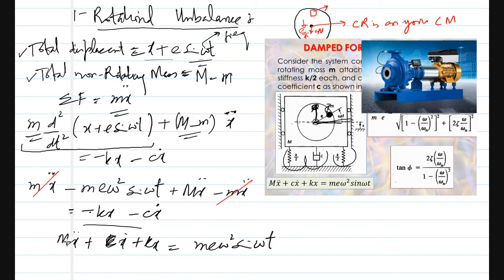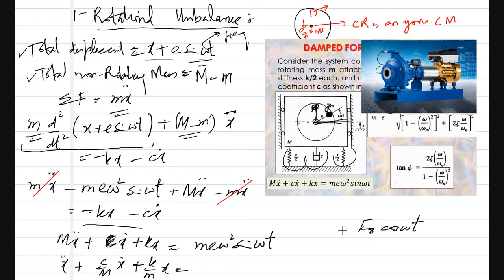Clear? So x double dot plus c over capital M x dot plus k over capital M, where capital M is the total mass. Clear? Capital M is the total mass. So k over M x equals, and if you compare this with f naught cos omega t, as I told you, whether we write sine omega t, in this rotating mass the sine omega t is a function, because when it moves, it comes to its equilibrium position, the force is 0.